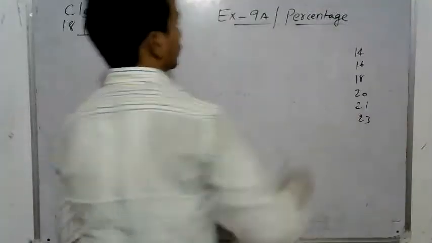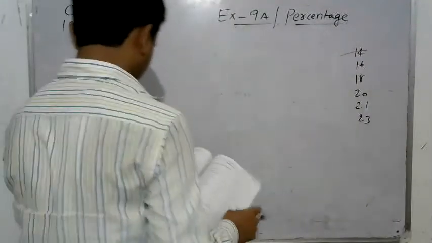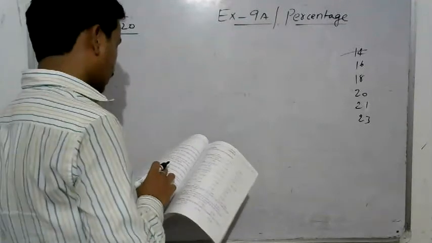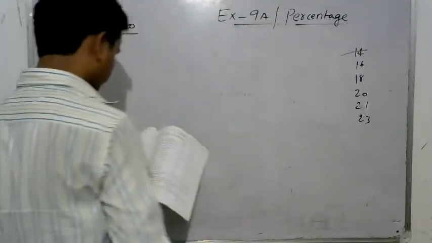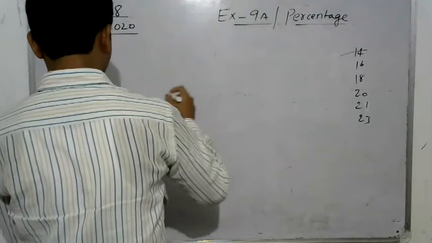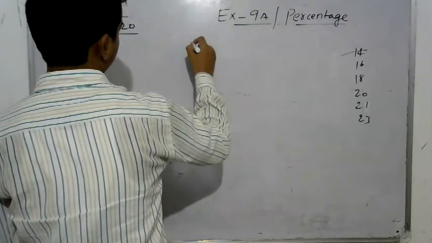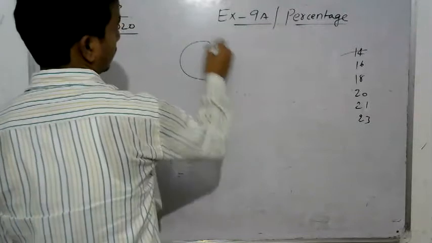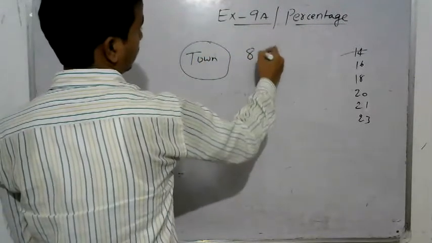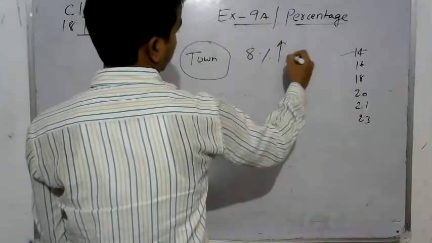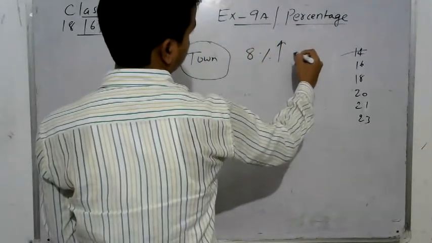So 14 is over. Now see 16. In question number 16, the population of a town increases by 8% annually. Suppose this is a town and its population increases 8% every year.